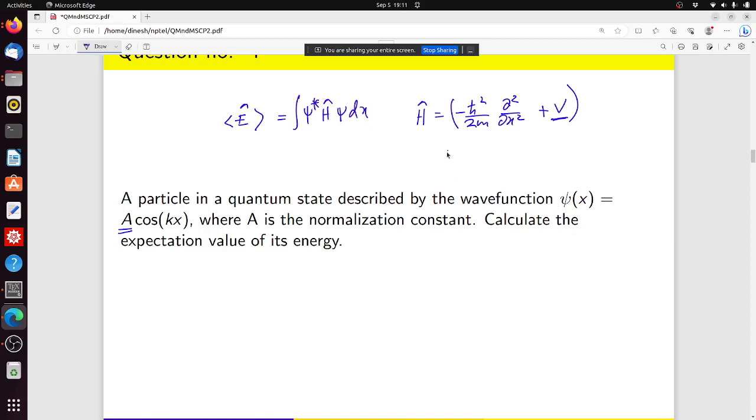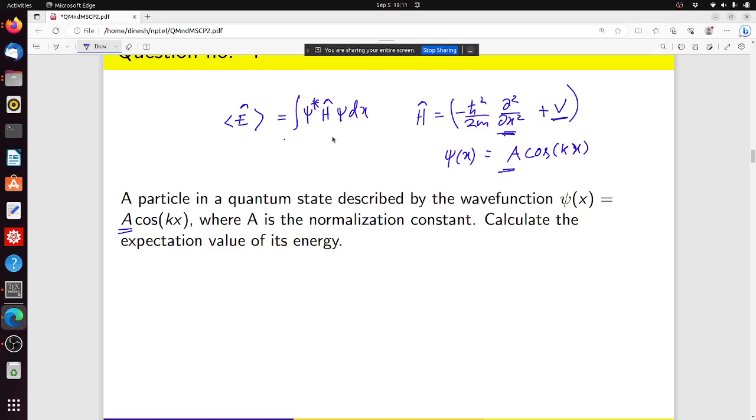Here the wave function is cos now. Don't bother about this constant, keep it as it is. You have to do simply a 2-time derivative and 1-time integration, right?